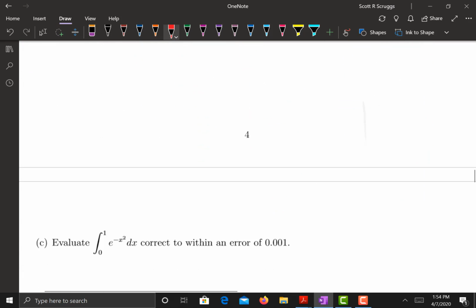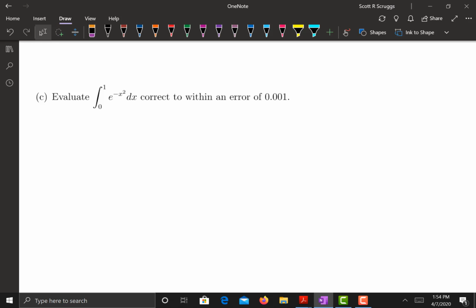Alright, and with that, let's use that information to evaluate the integral from 0 to 1 of e to the negative x squared, and let's try to be accurate and have that correct with an error of 0.0001.